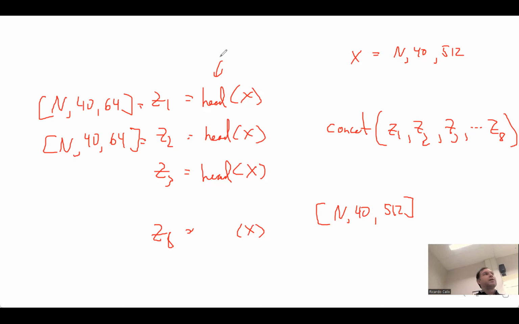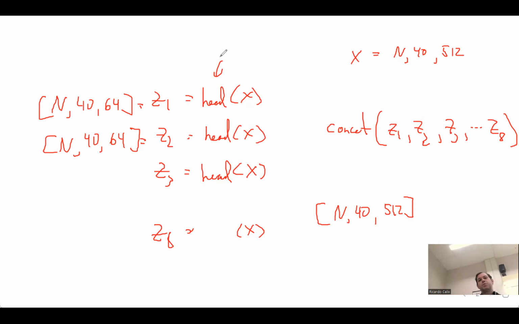Do you see that? So the three of us are heads here. We have an attention mechanism. We get the same X, and we all three thought about it in different ways and produce an n by 40 by 512. Do you produce an n by 40 by 512?